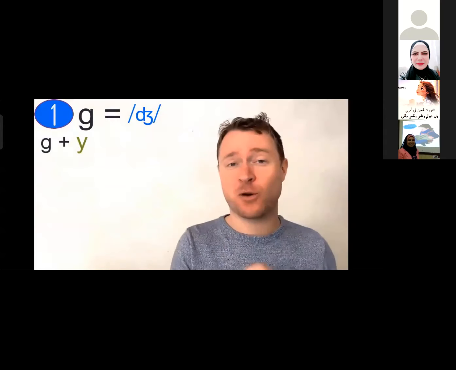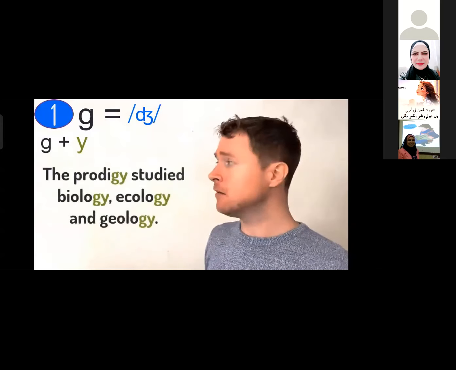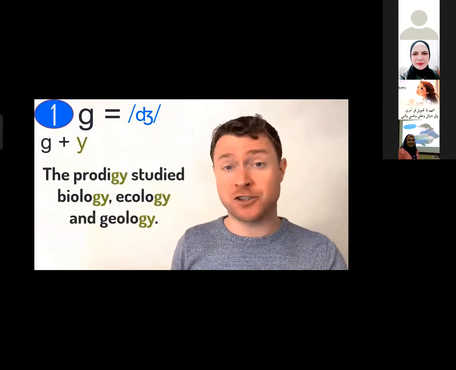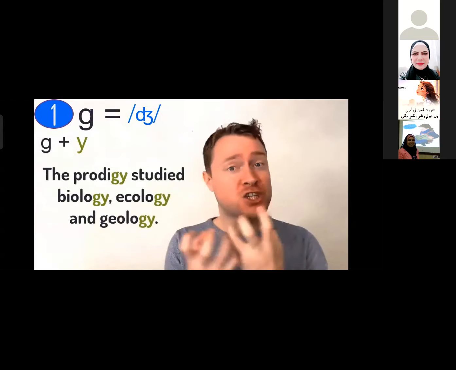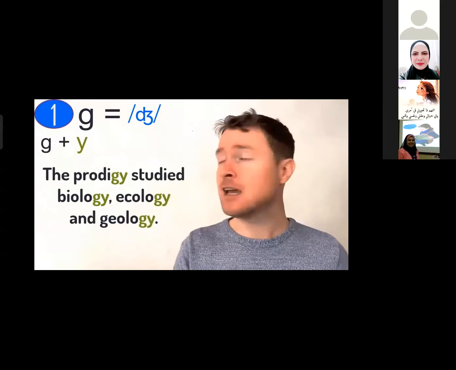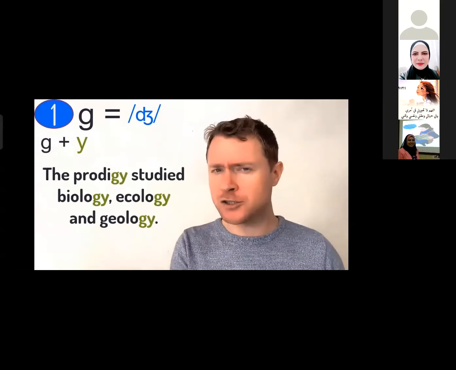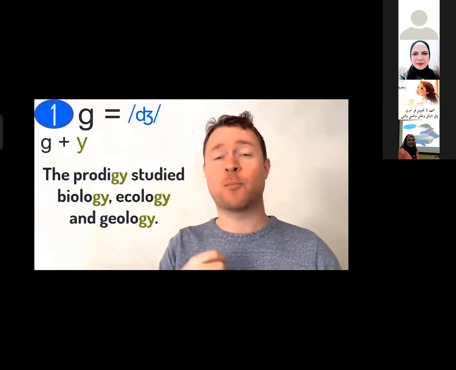Try this crazy sentence if you want to practice that GY sound. The prodigy studied biology, ecology, and geology. Lots of J in there. Try again. The prodigy studied biology, ecology, and geology.